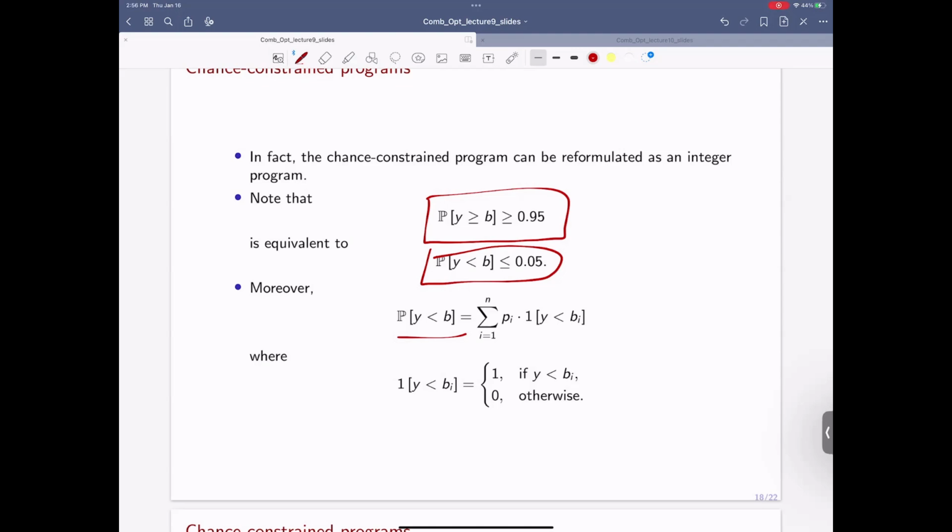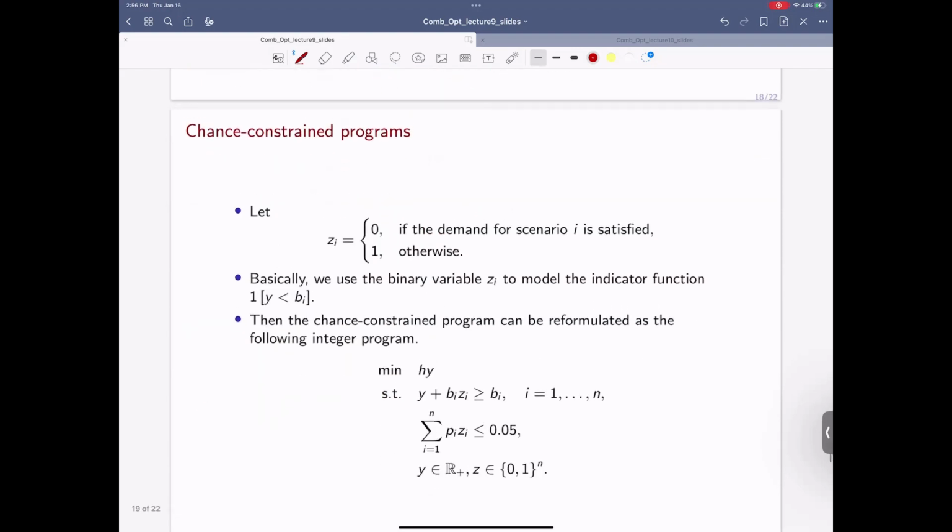I have this indicator function to indicate whether my stock is less than the demand for the i-th scenario. It takes value 1 if I fail, and value 0 if I satisfy the demand. I can model this indicator function with a binary variable gi here.